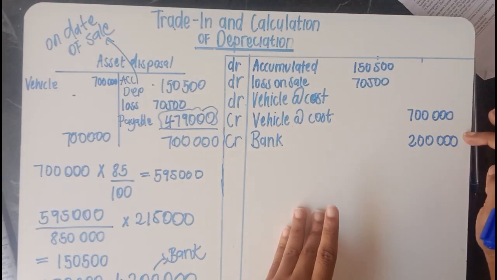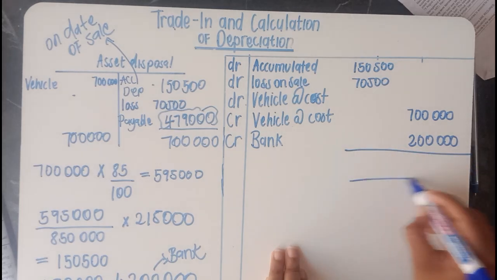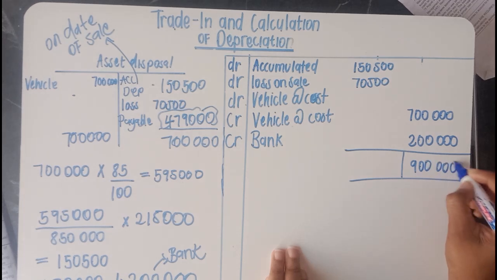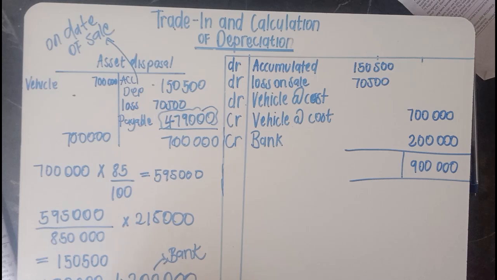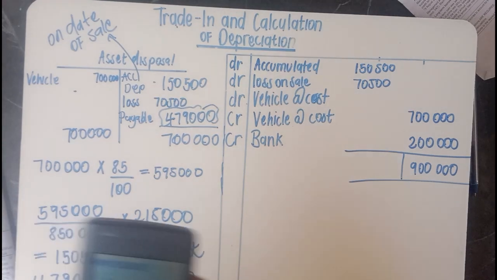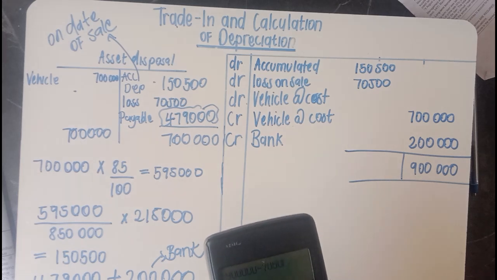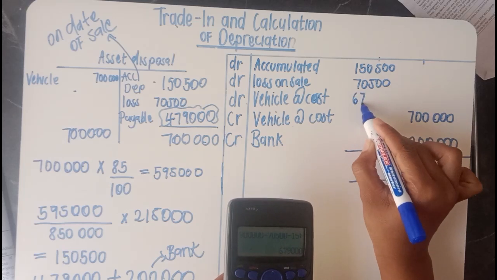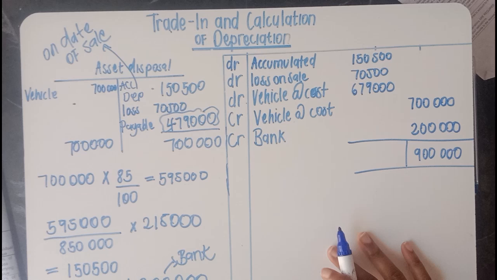Now add these two amounts, and you're going to get 900. This is something you're going to do on the side. You don't have to show this on your paper. So you're going to have 900,000, and you subtract 70,500, and you subtract 150,500, and you have 679,000. You see where I got the 679?